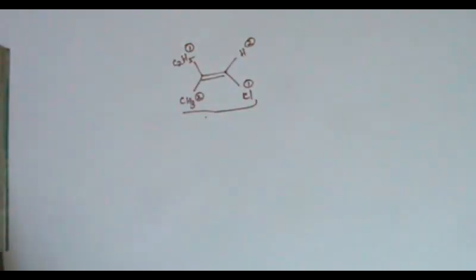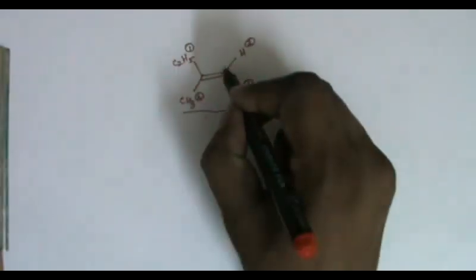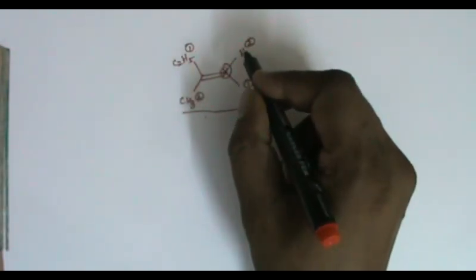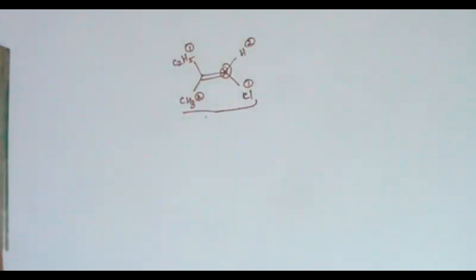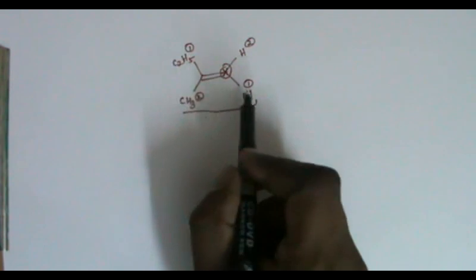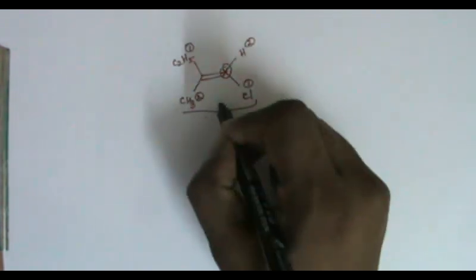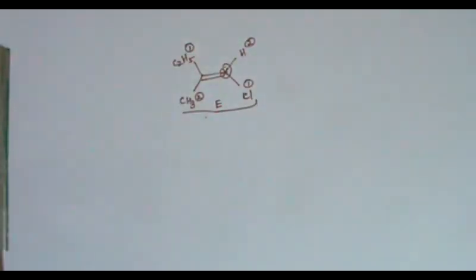That is the wrong approach. You should not do it like that. You have to go for one carbon atom and give priority for the two groups attached to that. In this case, in fact, it is an E olefin. Even if you consider it like this, you will get the same, but that is the wrong approach.